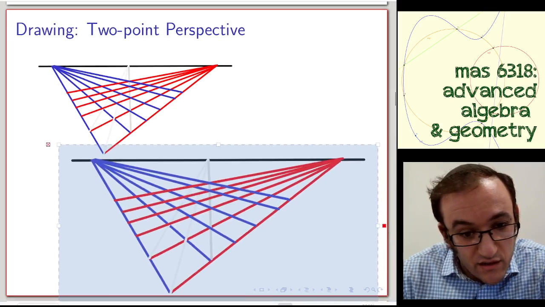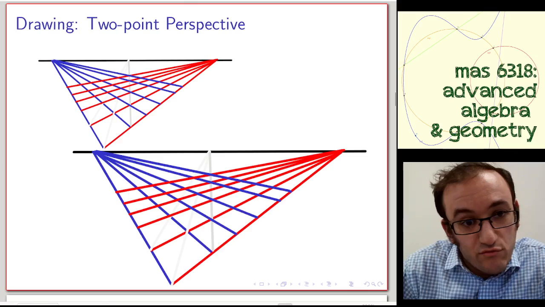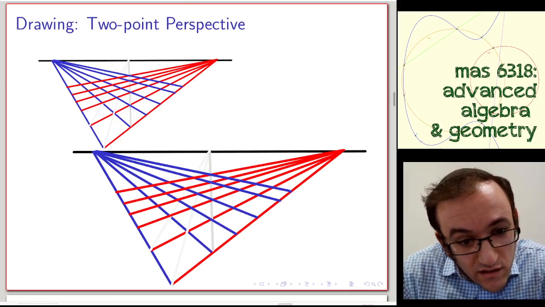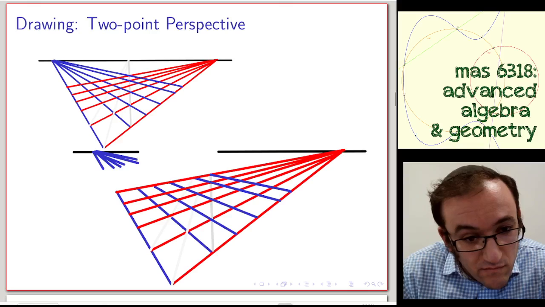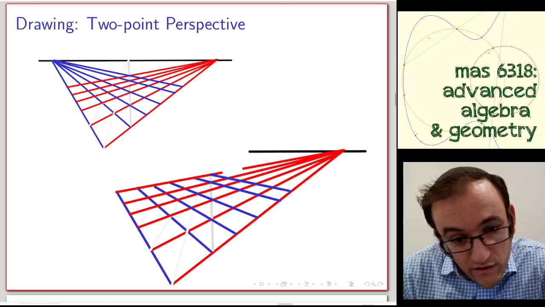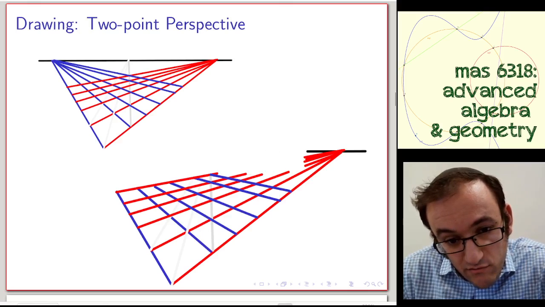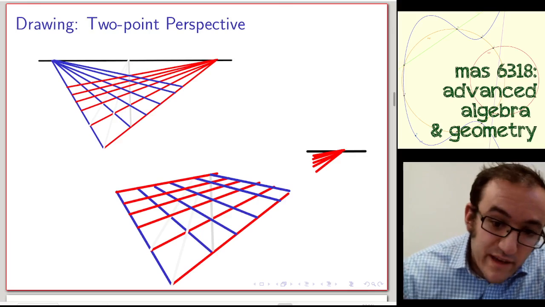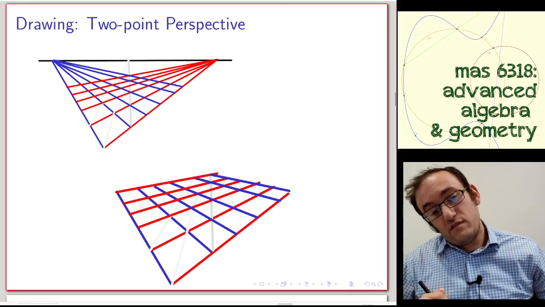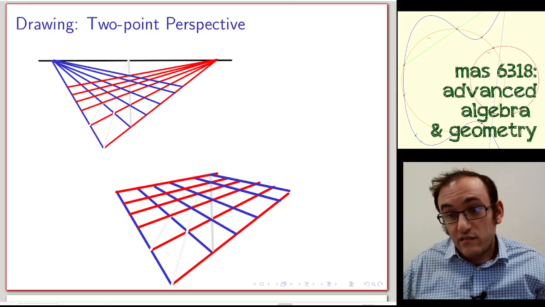Okay, and then we can erase any extraneous parts. Okay, and here you have a lovely rectangular tile that clearly seems to be in perspective, even though we're now missing the points on the horizon.